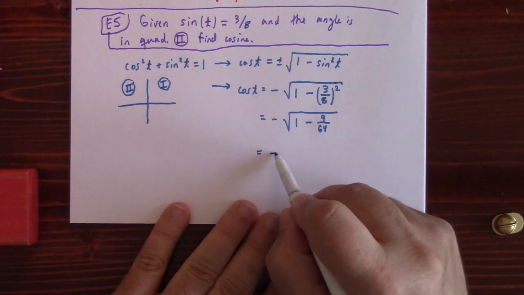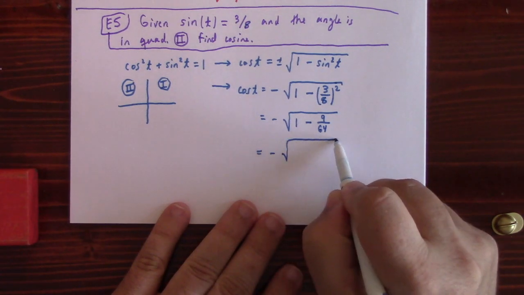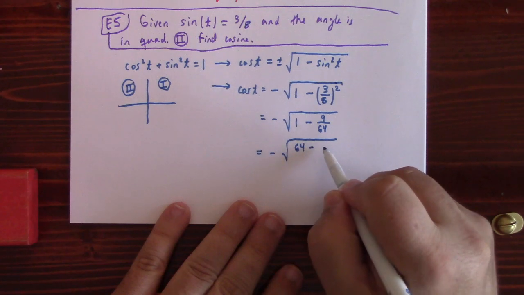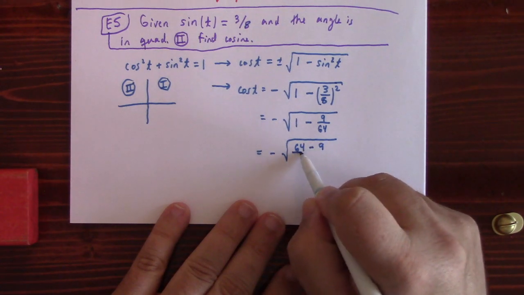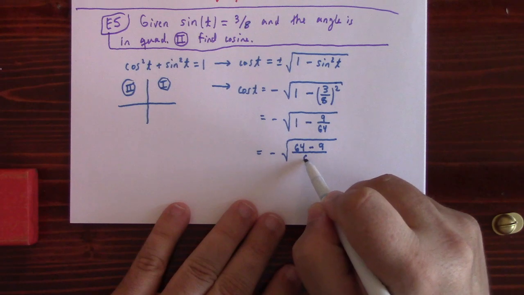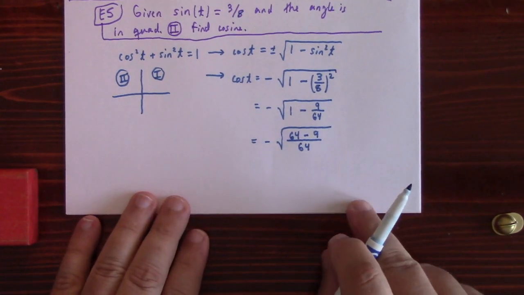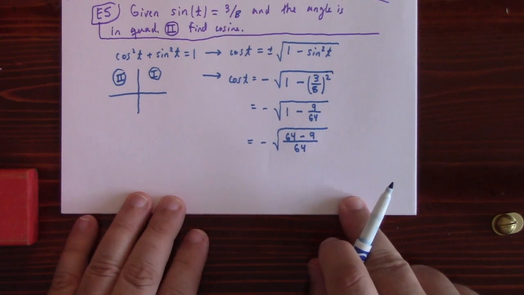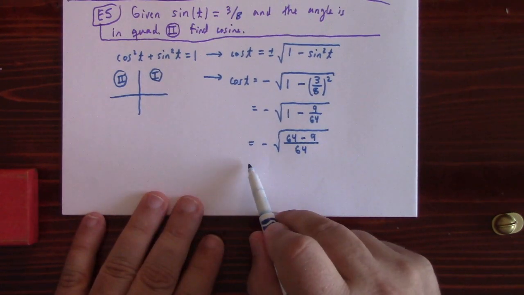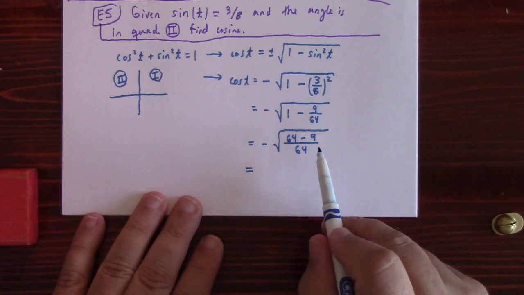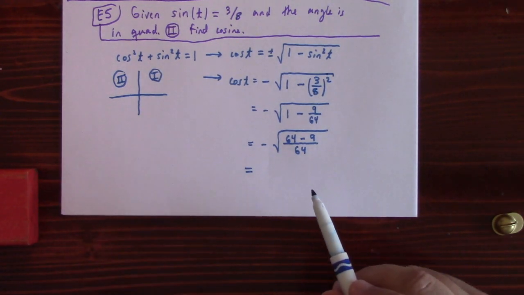So that's minus the square root of 64 minus 9 over 64, which is, what is that? 64 minus 9 is, good grief.